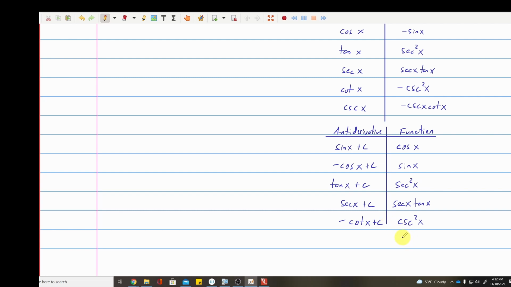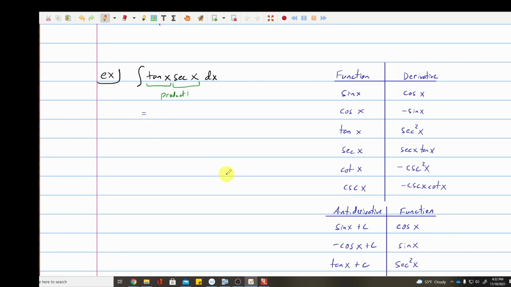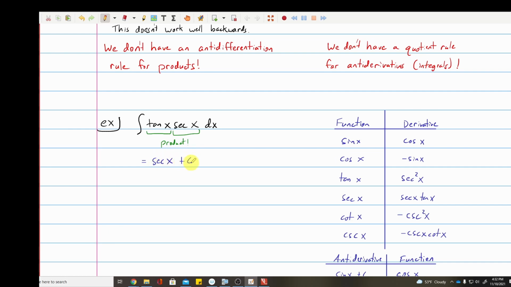And likewise, if I start with a positive cosecant x cotangent x, when I antidifferentiate, I will get a negative cosecant x plus c. Coming back up here, when I see that tangent x times secant x, when I antidifferentiate that, I'm just going to get secant x plus c.